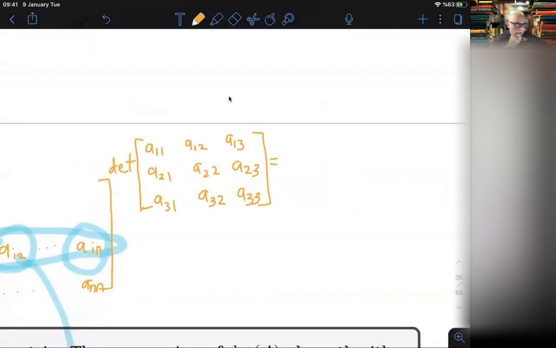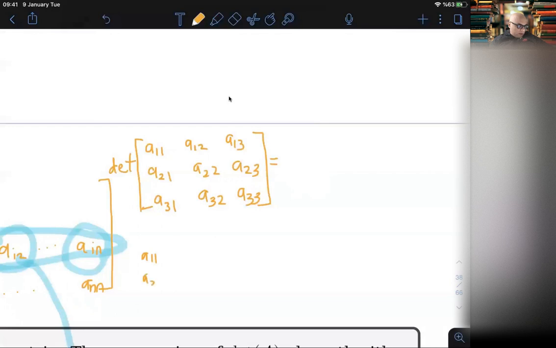If you remember the formula, we had the Sarrus rule, right? Let me write down the Sarrus rule here.